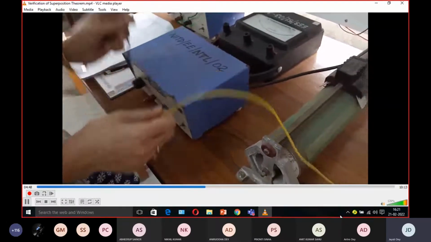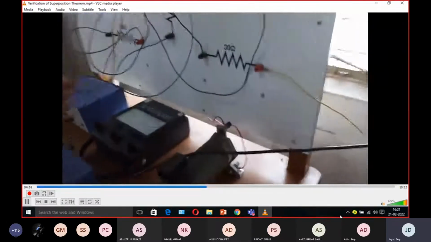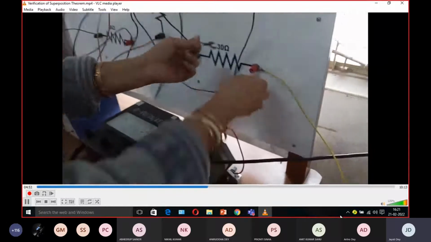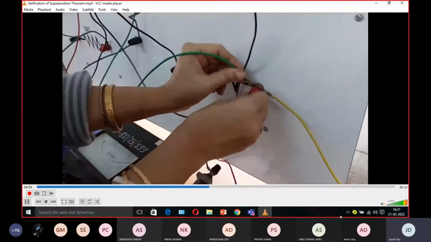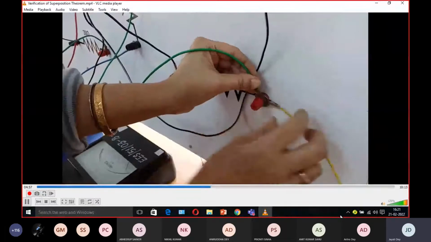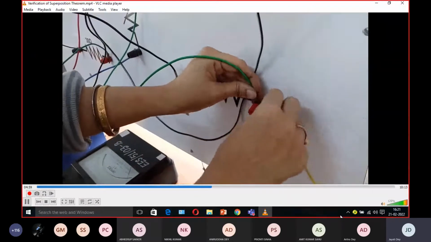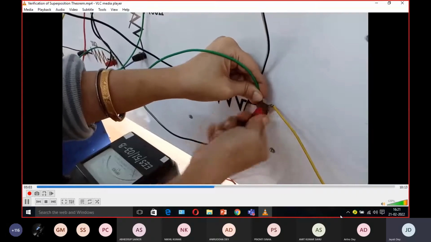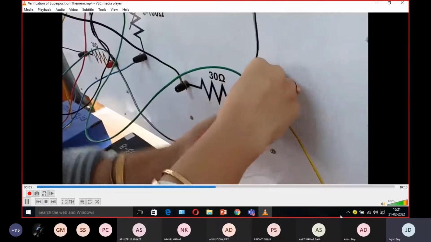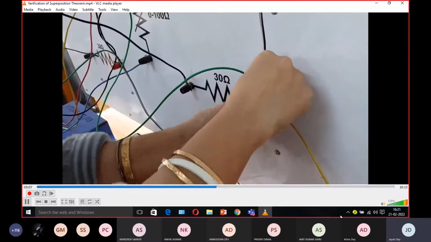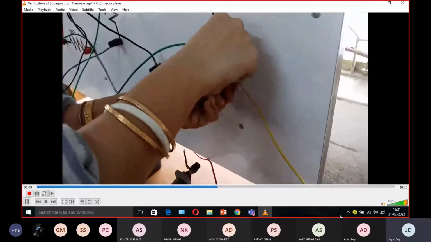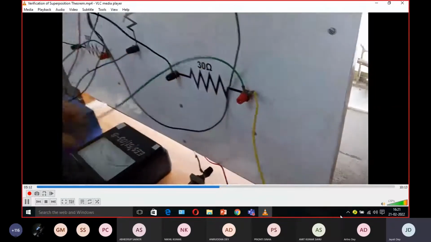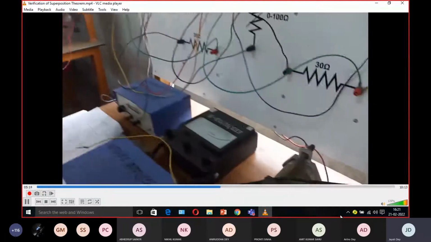Let me open this and see, this source is just isolated.